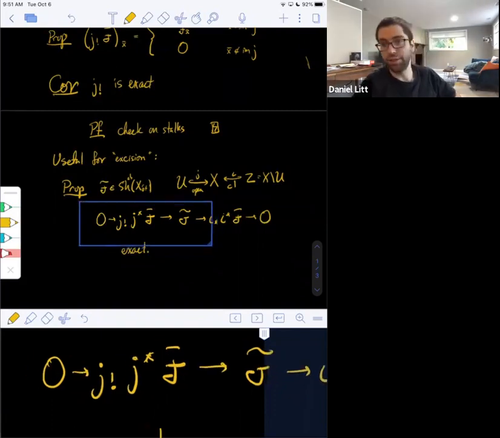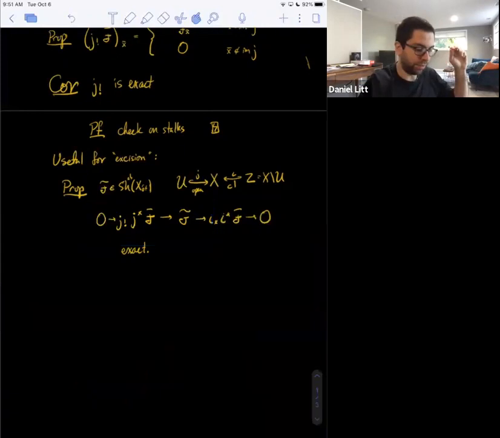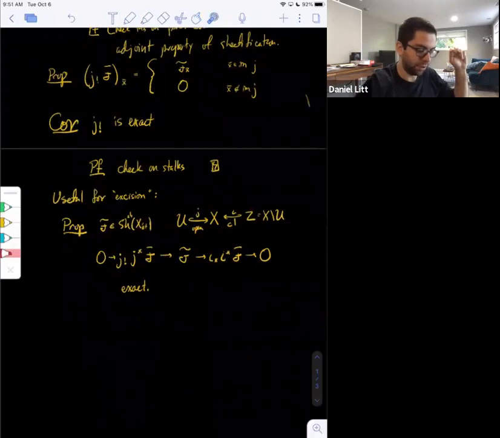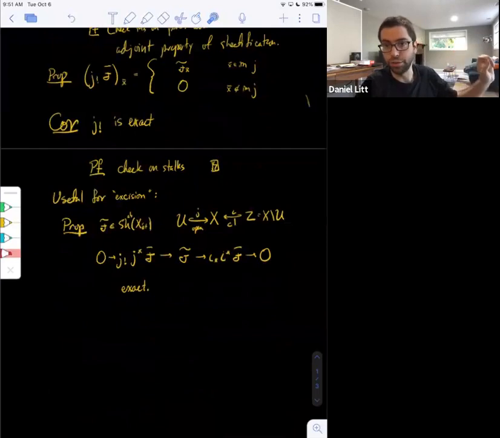First of all, we had this exercise earlier, which I leave to you as an exercise, that j lower shriek is left adjoint to j upper star. So this is the unit or counit, whichever one it is, of that adjunction. In other words, it's what you get by applying adjointness to the identity map from j upper star F to j upper star F. There's a more prosaic description, which is that the presheaf we used when we defined j lower shriek evidently maps to F. Namely, we just send a section to the appropriate section, and then you use the left adjointness property of sheafification to make this a map out of the sheaf.